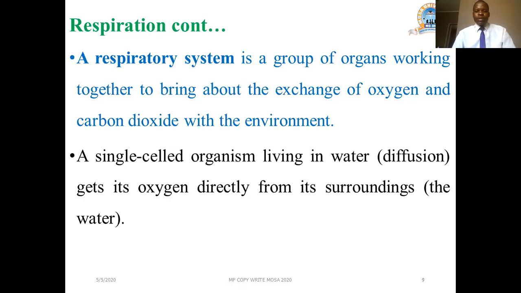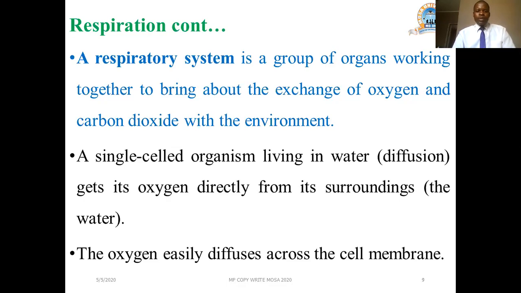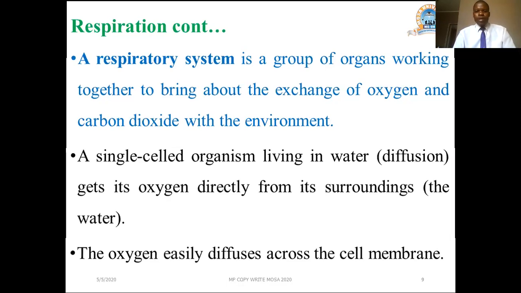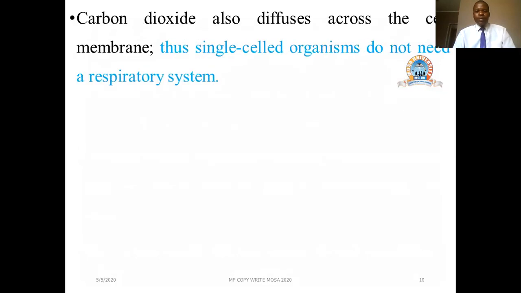surrounding, that is the water. The oxygen easily diffuses across the cell membrane. So this oxygen is able to get through by diffusion across the cell membrane of the living organism in water. Carbon dioxide also diffuses across the cell membrane.